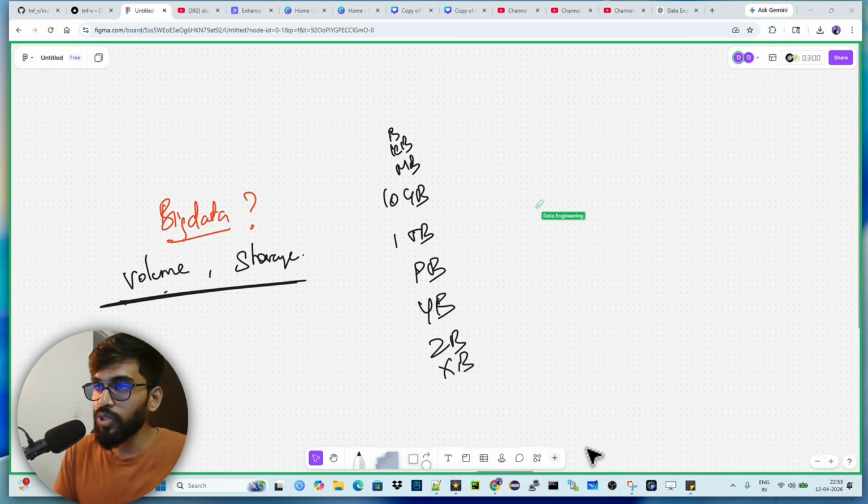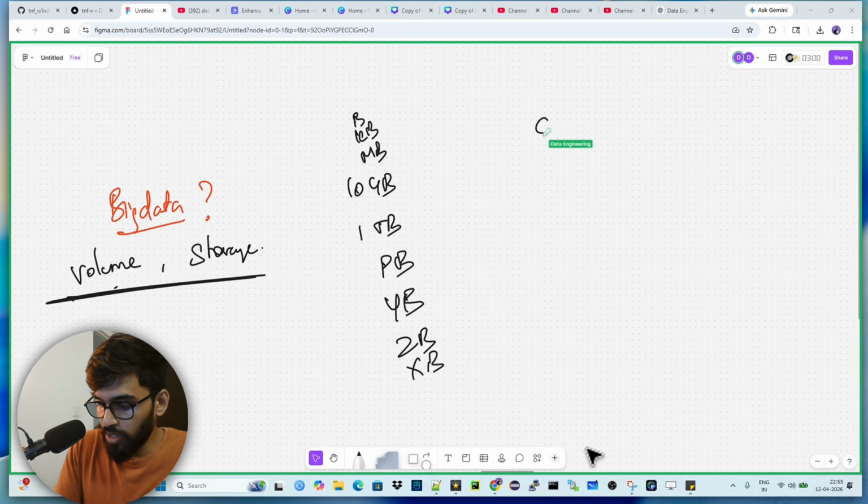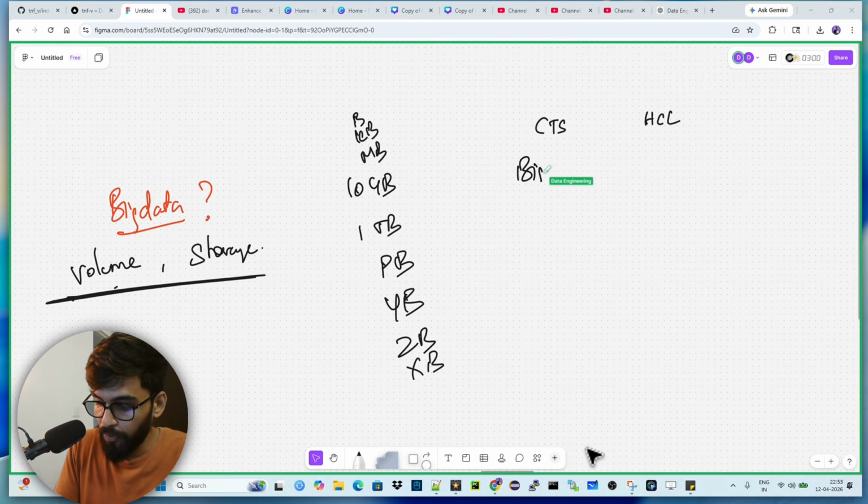And that proves there is no solid number to denote this is the volume of big data. There is no such solid number, right? So now imagine there is a company called CTS, and there is a company called HCL. So CTS writes a blog on their official website, a use case, saying that we use big data, and the amount of volume that we process per hour is 100 GB, right?